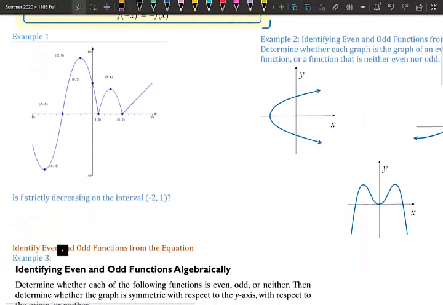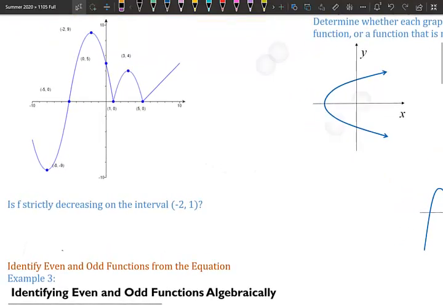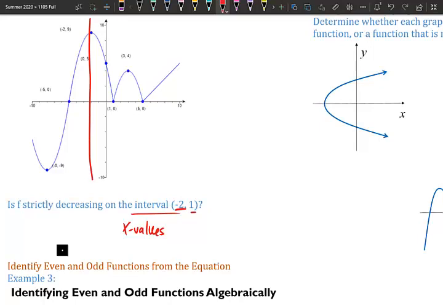Alright, before we get to that, let's talk about something with intervals. So intervals, that implies x values. So we're going to go where x is -2, right here, and where x is 1, right here. Now what we're going to do is look at what the graph is doing. In between those lines, the graph is going down.